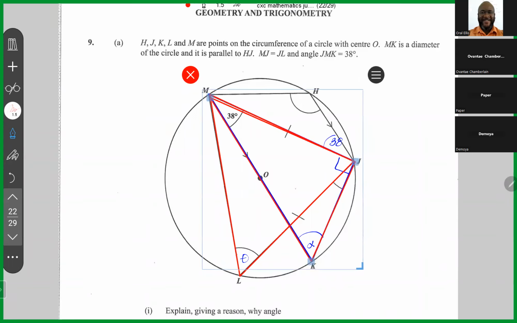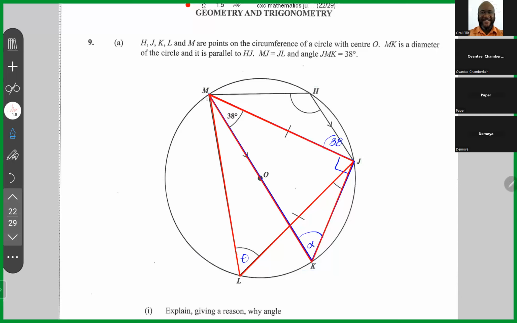These two angles are angles in the same segment. Let me show you how you identify it. Both have the same starting point and the same ending point on a chord. The chord is MJ.